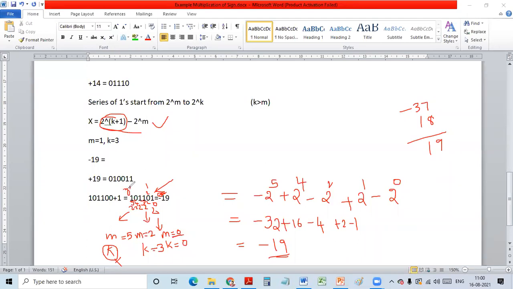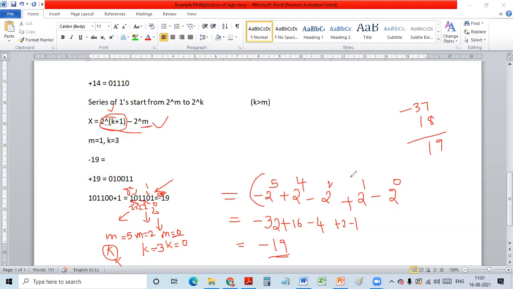This is very important to remember. Otherwise the k term won't be there. m doesn't have any issue, but whenever the series ends with 0, then only 2 power k plus 1 term will appear. Otherwise the k term will not be there. So this is how the numbers can be represented.